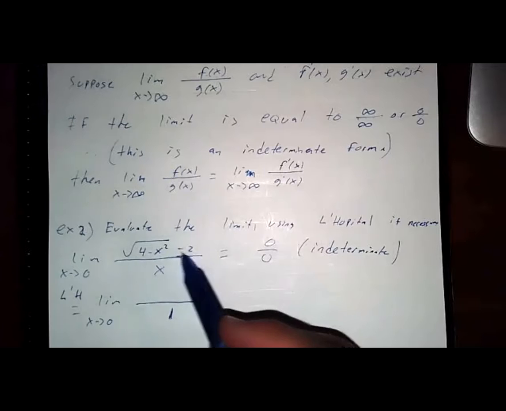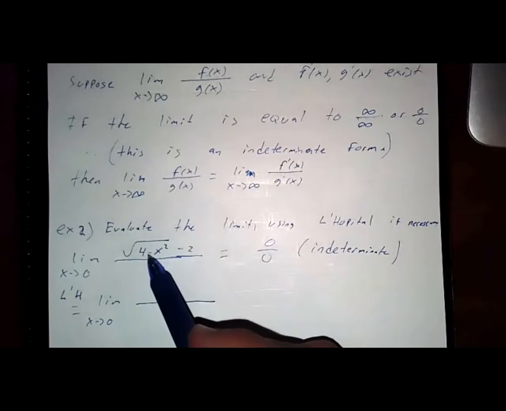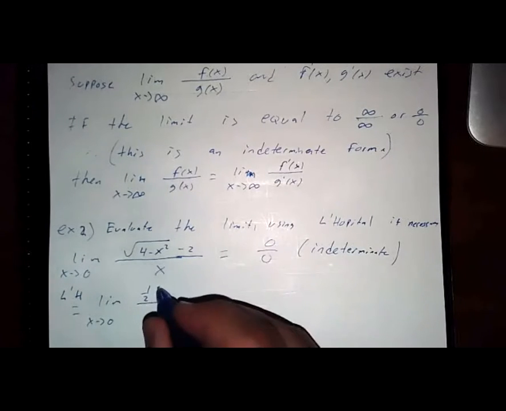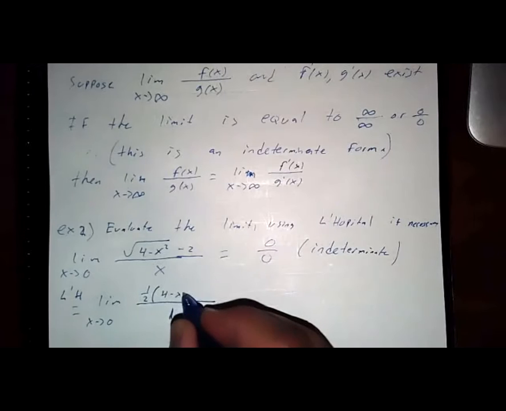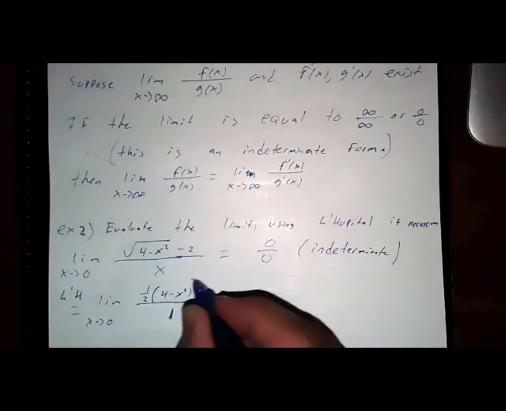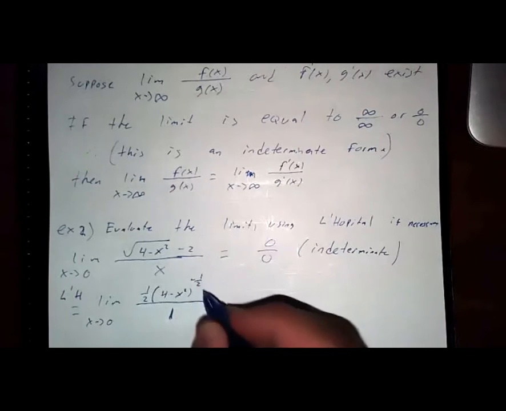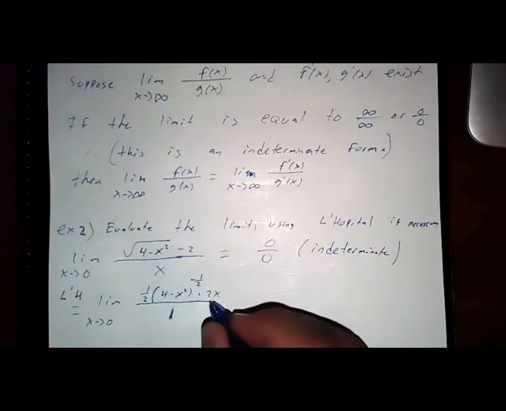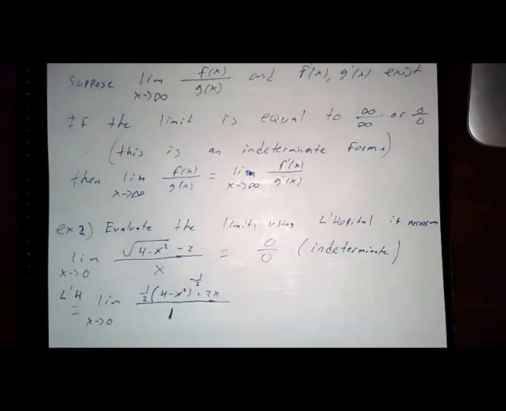So this will be 0, right? But this will be a chain rule. That will be 1/2, 4 minus x squared to the negative half, times 2x, right? Halves and twos are going to cancel.